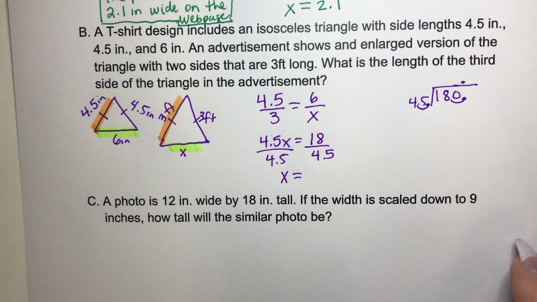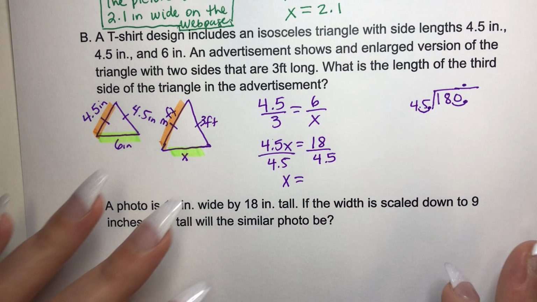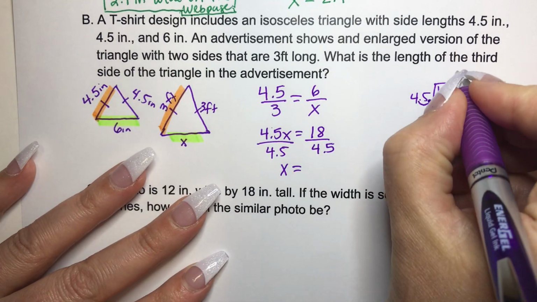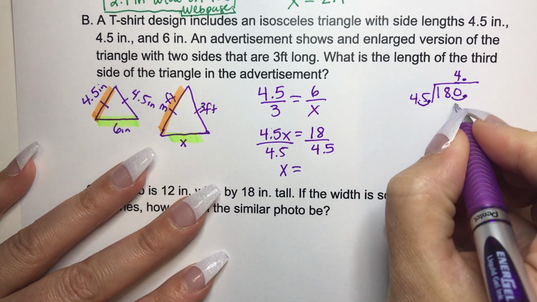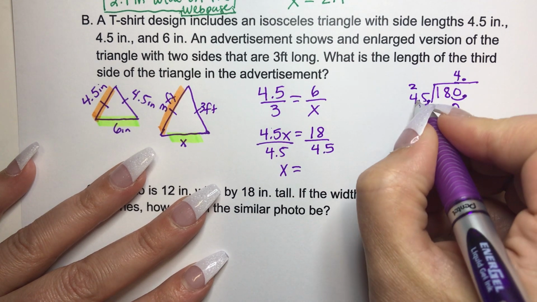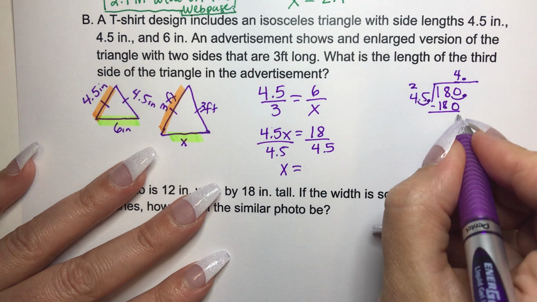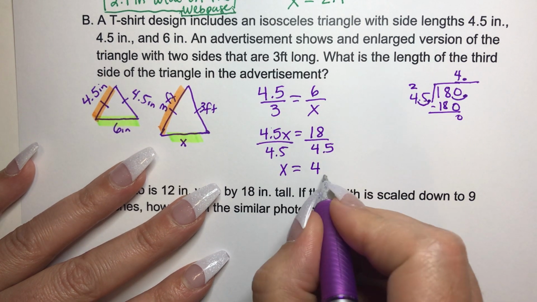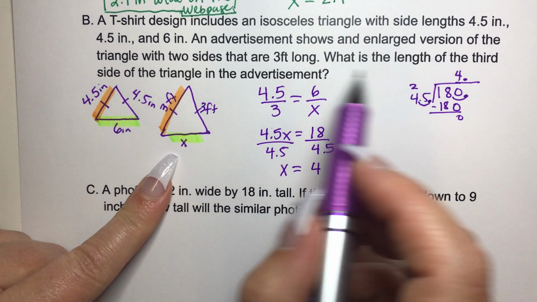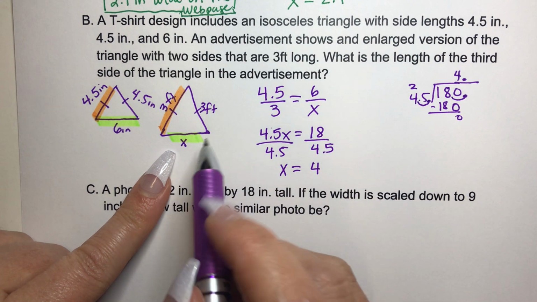I think it goes in 4 times. Let's see. 4 times 5 is 20. Write the 0, carry the 2. 4 times 4 is 16, plus 2 is 18. Exactly 4. So x is 4, which would mean, what is the length of the third side of the triangle in the advertisement? That would be 4 feet.